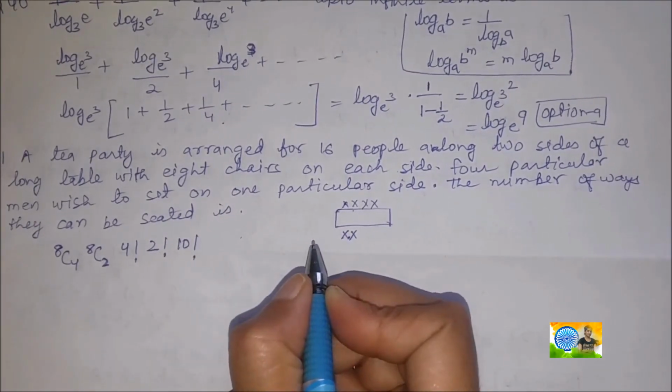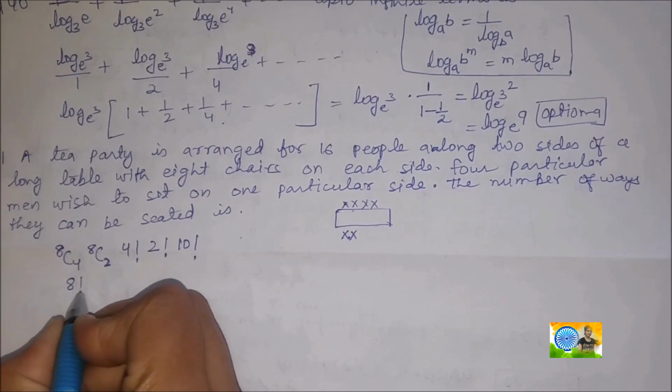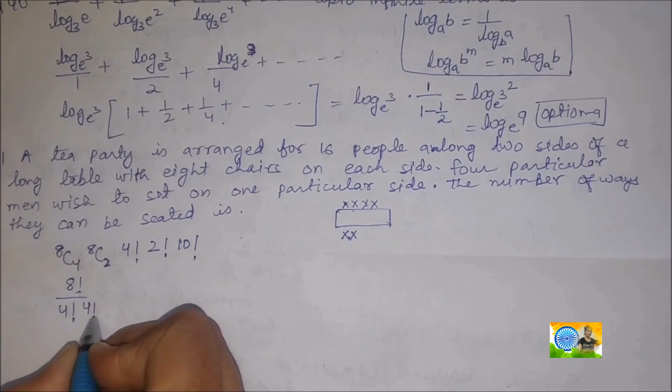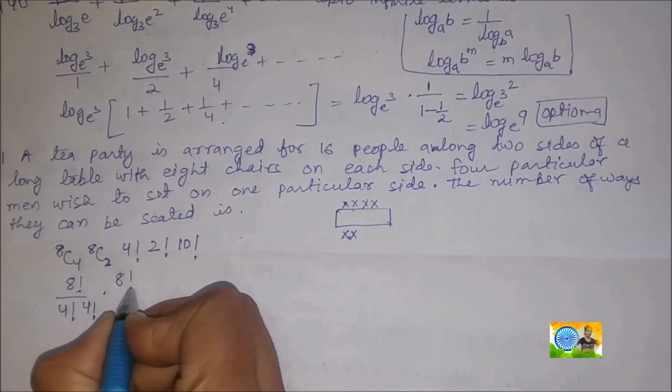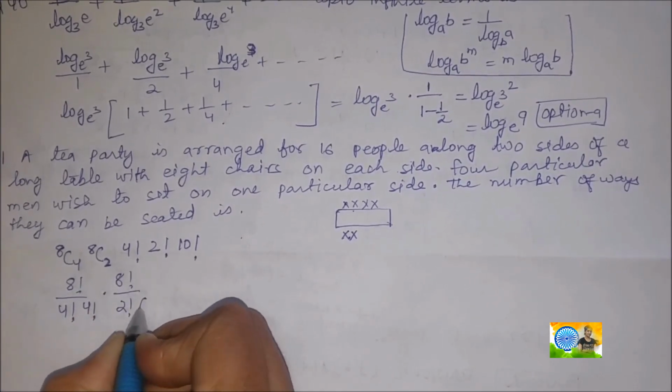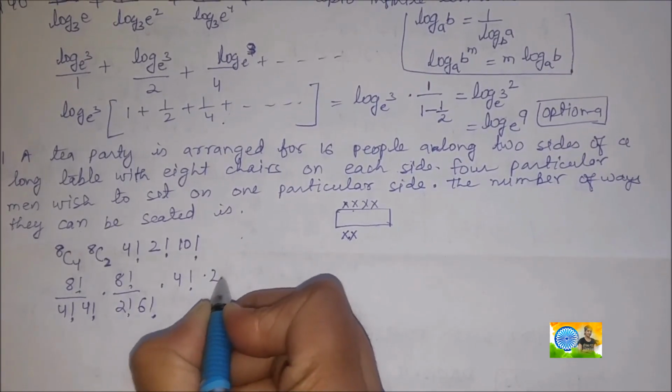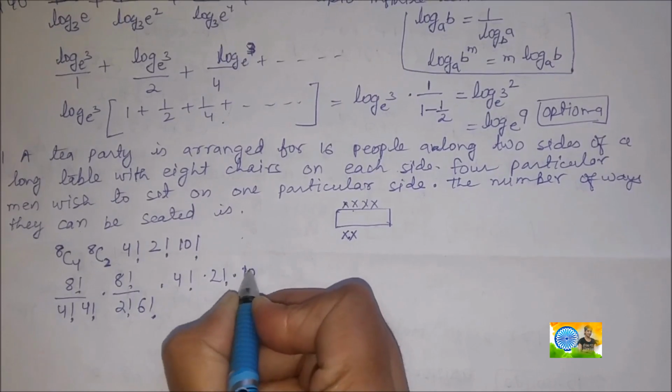So the total number of ways is 8 factorial upon 4 factorial, 8 minus 4, that is 4 factorial. Similarly, this is 8 factorial upon 2 factorial, 8 minus 2, 6 factorial, into 4 factorial into 2 factorial into 10 factorial.